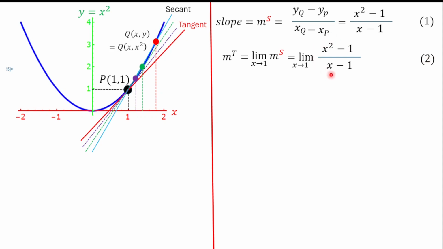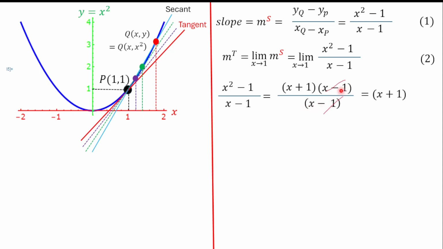Now I want to simplify this fraction first, and I write it in the form x squared minus 1 divided by x minus 1. I can factorize the numerator into two terms, x plus 1 and x minus 1, and I write the denominator as it is. Now I can cancel the x minus 1 in the numerator with the x minus 1 in the denominator and finally get x plus 1.